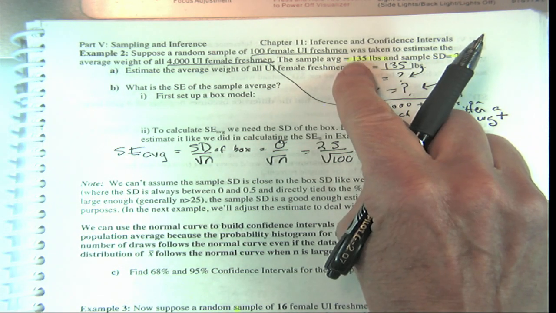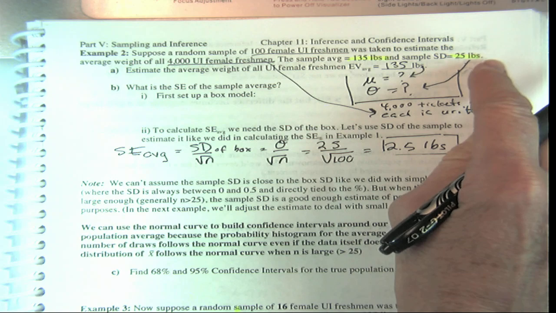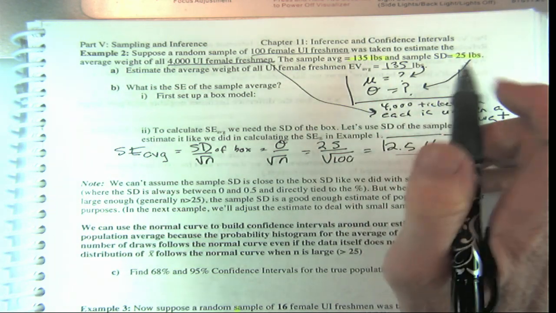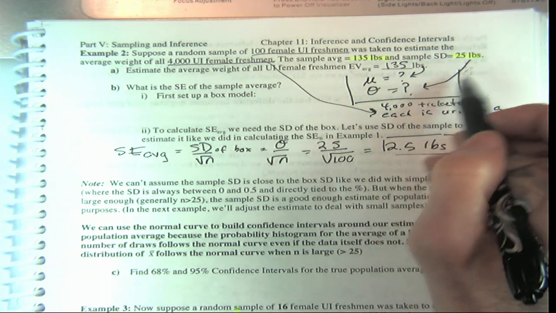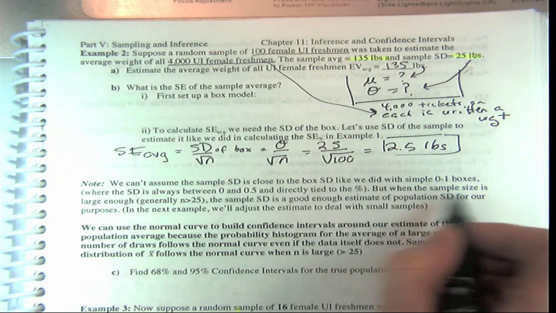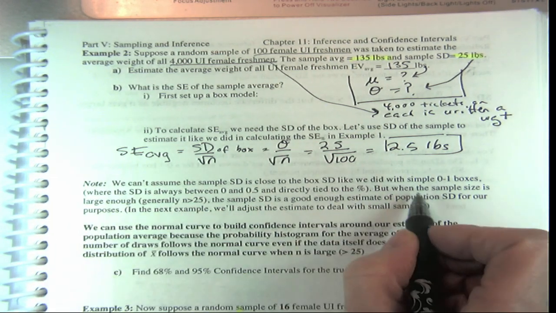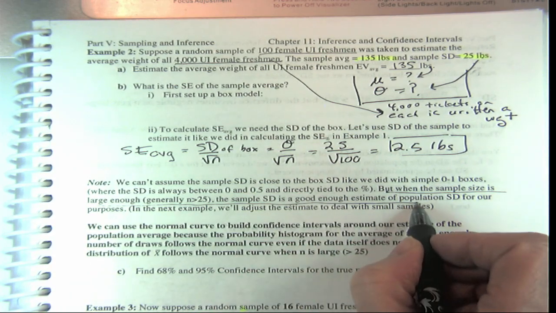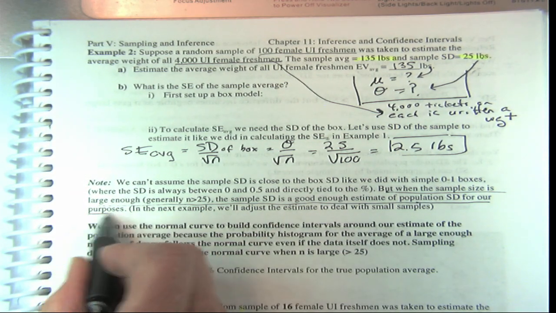In the 0-1 box, the percent is the mean and the standard deviation is directly tied to it. That's why they're very close, and why it's a very good estimate. This one isn't necessarily a good estimate. But when the sample size is large enough, the sample SD is a good enough estimate of the population SD for our purposes.